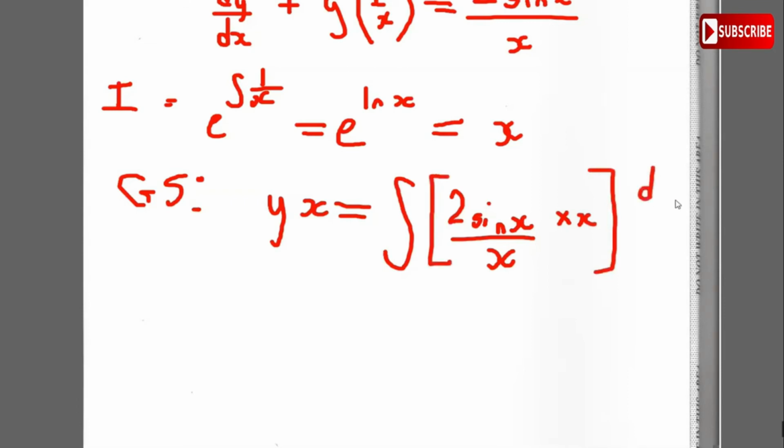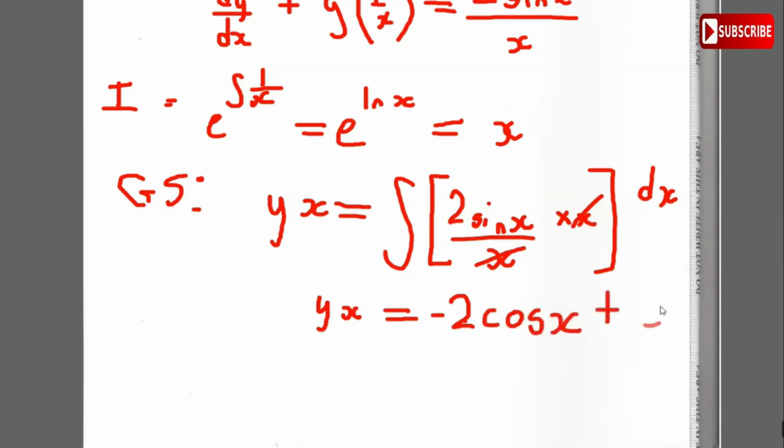Now the x times the x cancel. So you get y times x equal to the integral of 2 sine x. Integrate sine, you get minus cos. So it's minus 2 cos x plus some constant c. Then all you need to do is divide through by x.